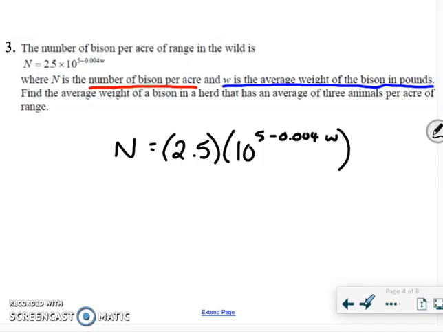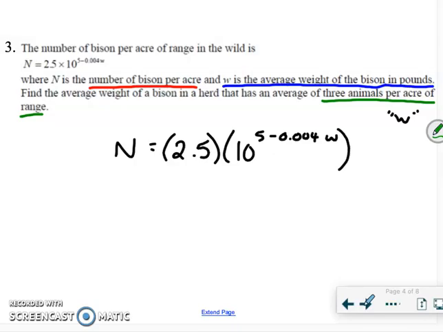Our job is to find the average weight of a bison in a herd. So the average weight of the bison in a herd, that tells us that we're actually trying to find W in this case. So please keep that in mind. We're trying to find W. So find the average weight of a bison in a herd that has an average of 3 animals per acre of range.